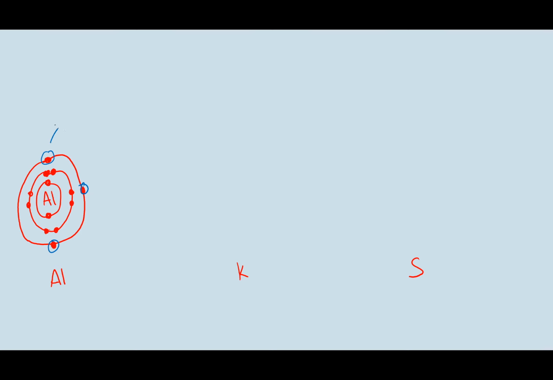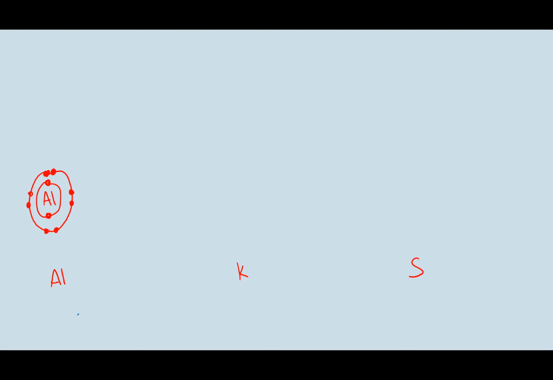So it's easier for these electrons to be lost to form the ion. You can also think that aluminum is a metal, and metals again tend to lose electrons. So aluminum has now lost those 3 electrons.